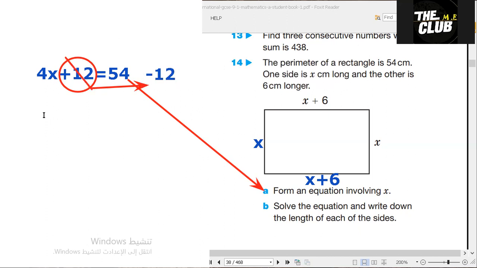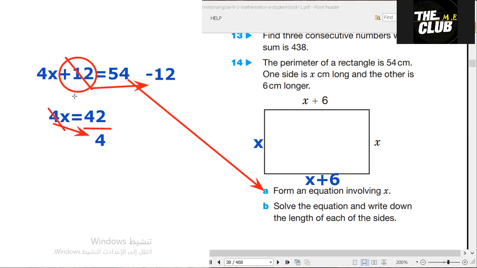So x equals 54 minus 12. 54 minus 12 is going to be 42. And then we divide by 4, or we take 4 by division here. Same idea, same steps. They have the same steps, just follow the same rules and you understand the idea. So we divide by 4.